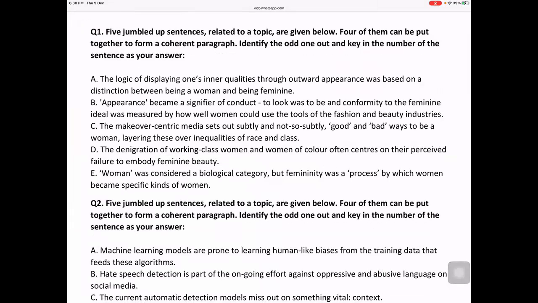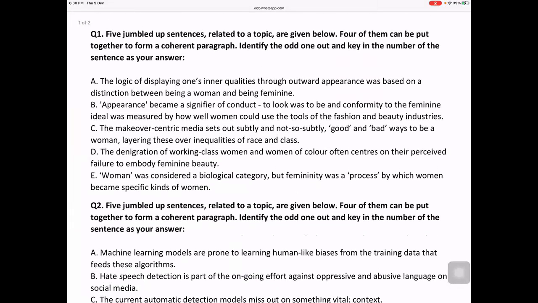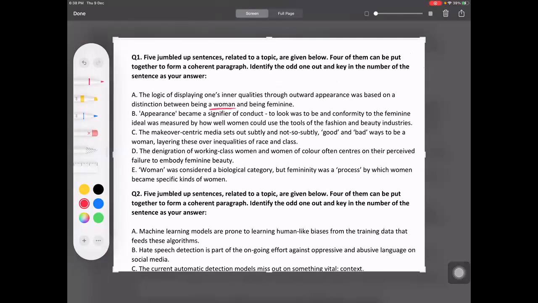The first one, if we solve it, the A option is saying the logic of displaying one inner quality through outward appearance was based on a distinction between being a woman and being feminine. Now you can see there are two words the sentence is focusing on: the first is a woman and the second is being feminine.